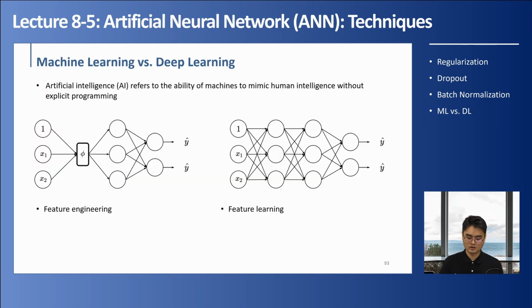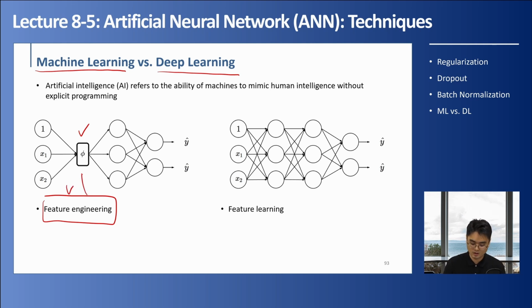So at last, let's also talk about the difference between machine learning and deep learning. Conventional machine learning is a category where we are doing feature engineering. A human is doing feature engineering. We are informing our machine learning model about the important features that we have here.